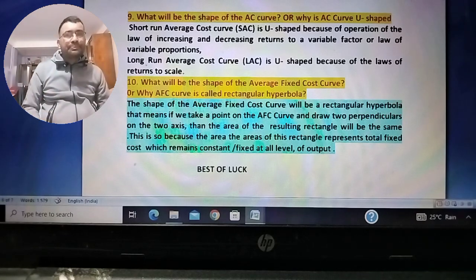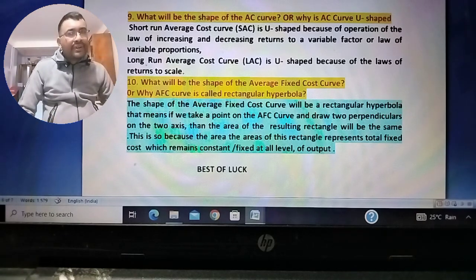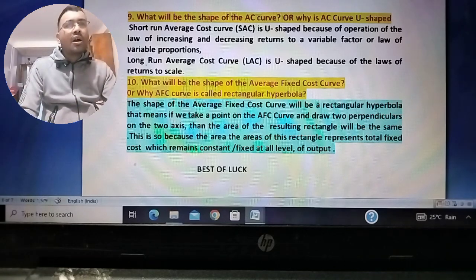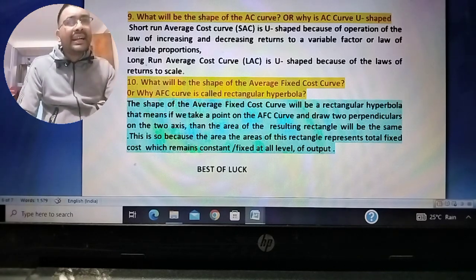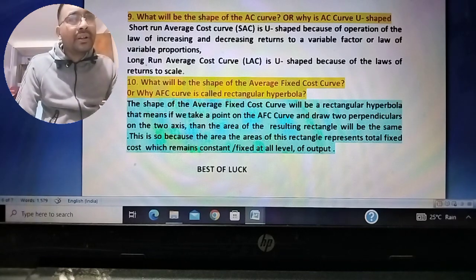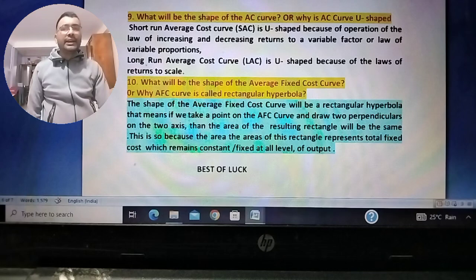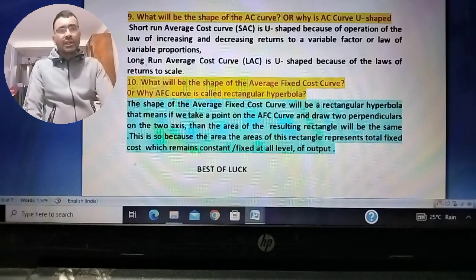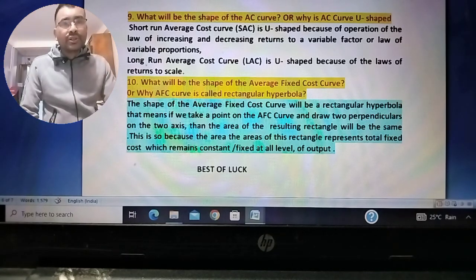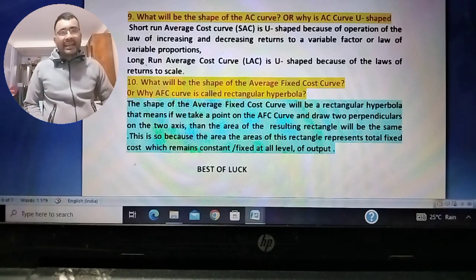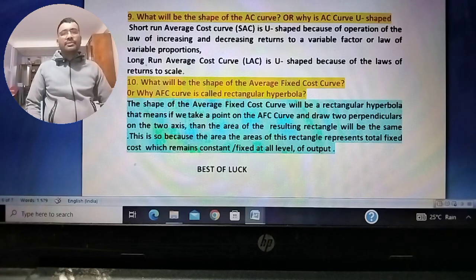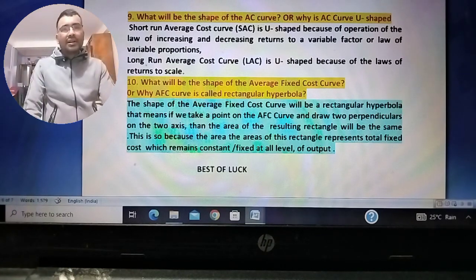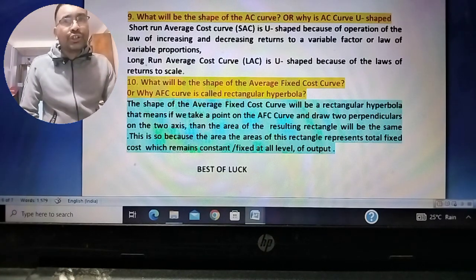So it is U-shaped. See, the short-run average cost is U-shaped because of the operation of the law of increasing and decreasing returns to a variable factor, or law of variable proportions. So due to the application of the law of variable proportions, where you obtain increasing returns, then constant returns, then decreasing returns, the average cost is U-shaped.